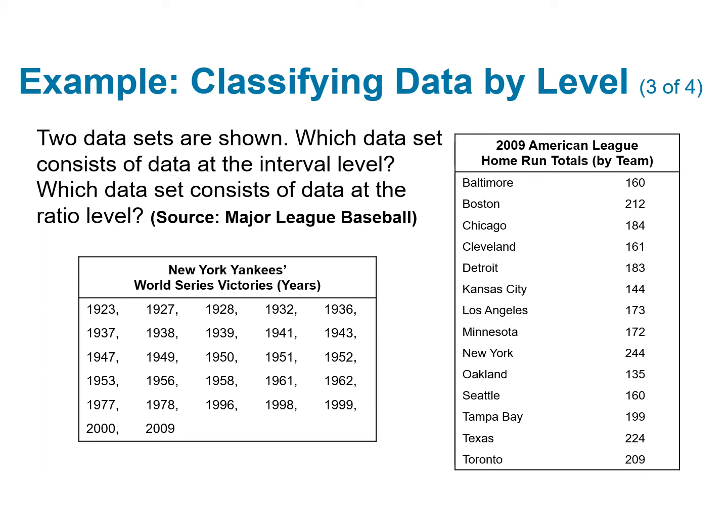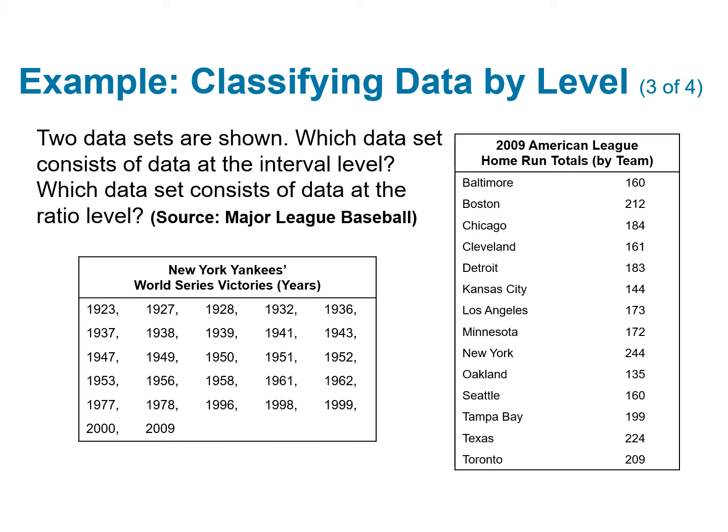So let's look at a couple of data sets. So we've got New York Yankees World Series victory, the year that the New York Yankees won the World Series. So these two data sets are either going to be interval or ratio. So you don't have to worry about nominal or ordinal right now. So if we're looking at the years that the New York Yankees won the World Series in, we know that we have order.